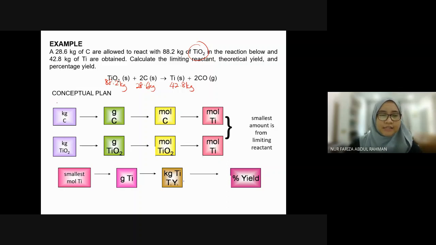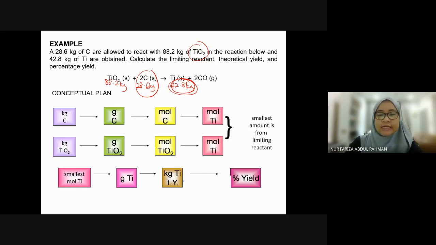Okay, like I said just now, we have to determine for both reactants. So we have two reactants, right? We have to check for this amount of carbon, what is the amount of titanium that will be produced. Okay, this is the actual yield. Before we go on, this is the actual yield.